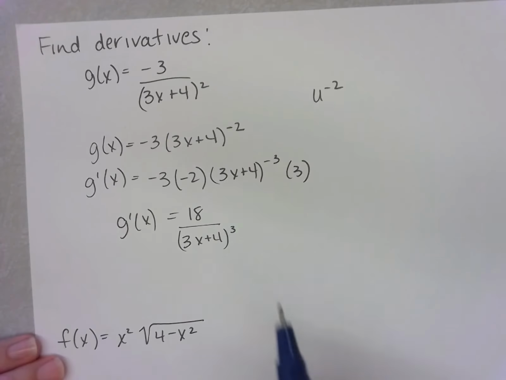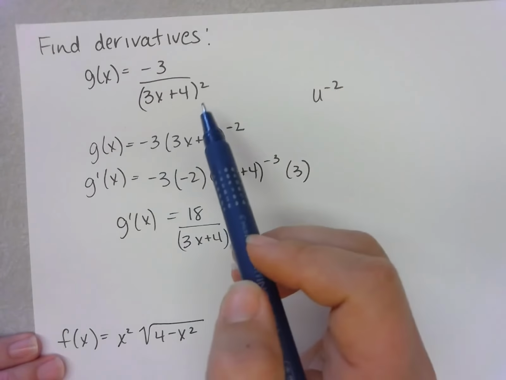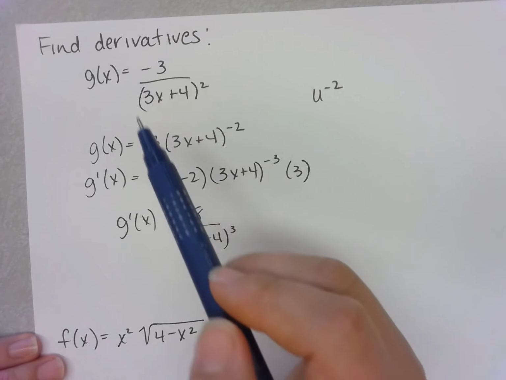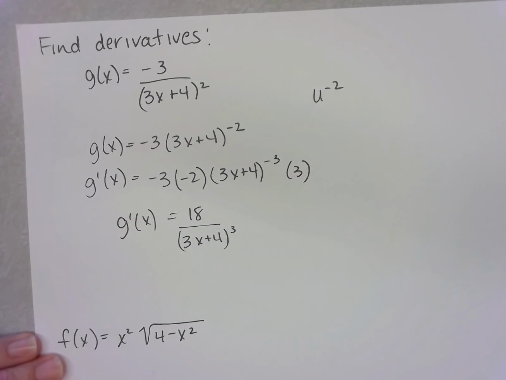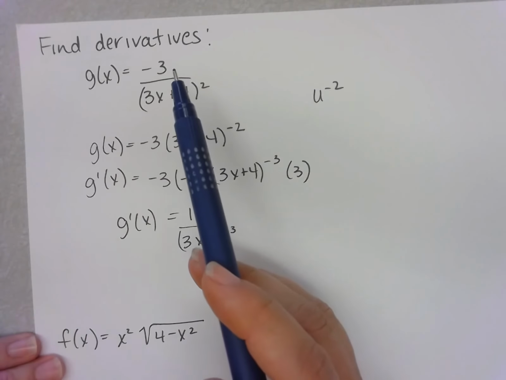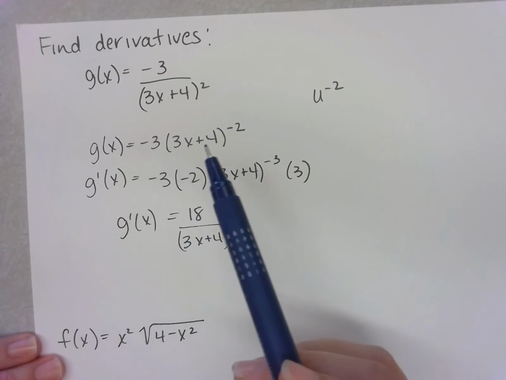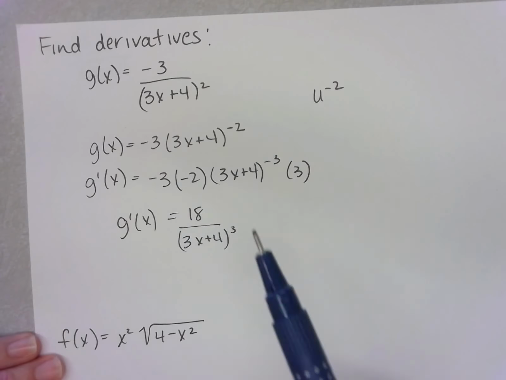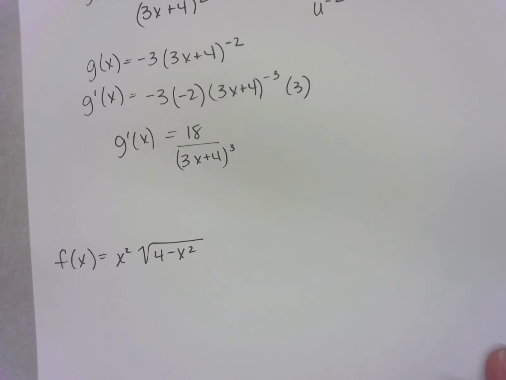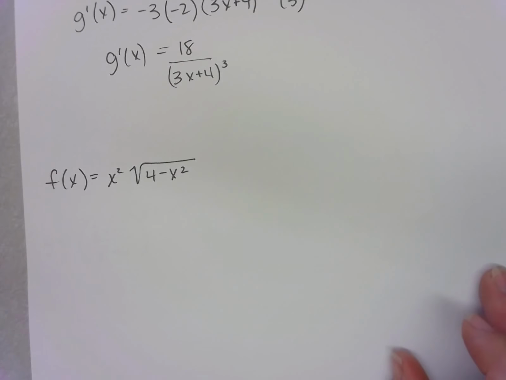Again, it's a good technique to use if the numerator is just a constant, because then the constant multiplier rule applies. Because if this had an x in it and I wrote it like this, then I would need to use the product rule, and that gets really confusing, I think, when you use too many negative exponents. All right, so we'll move on to the next one.